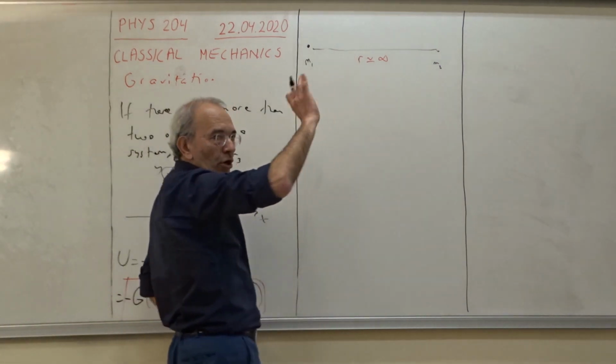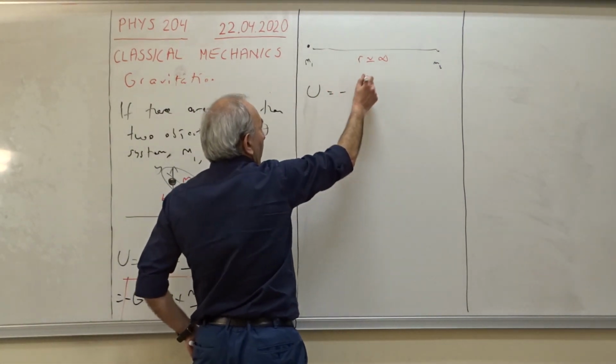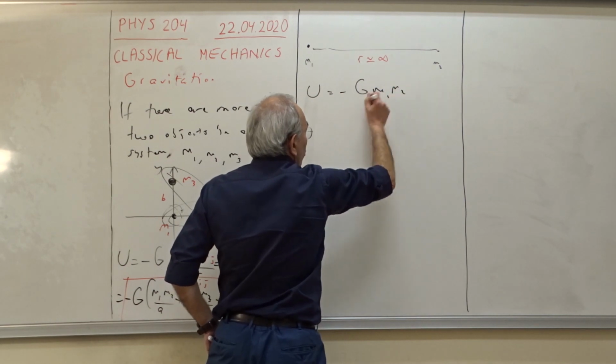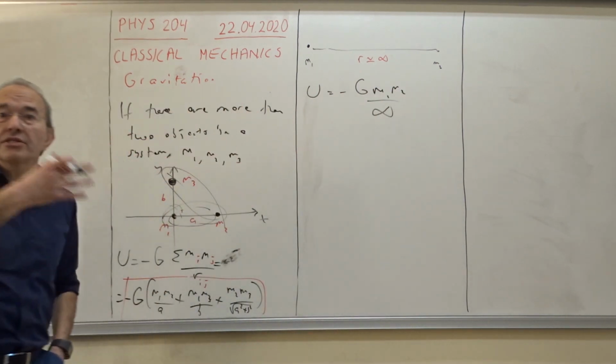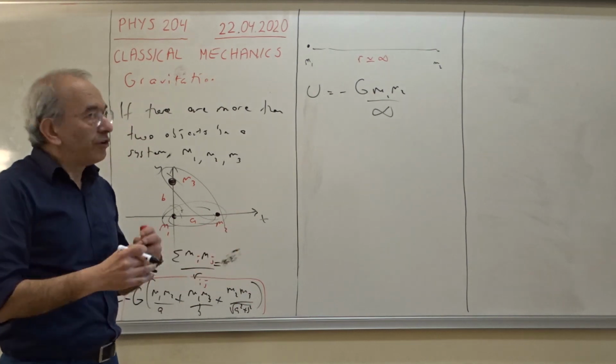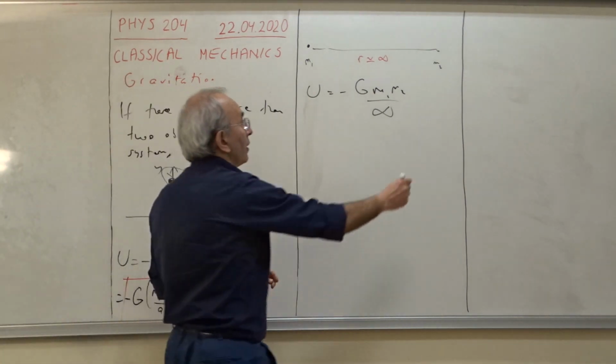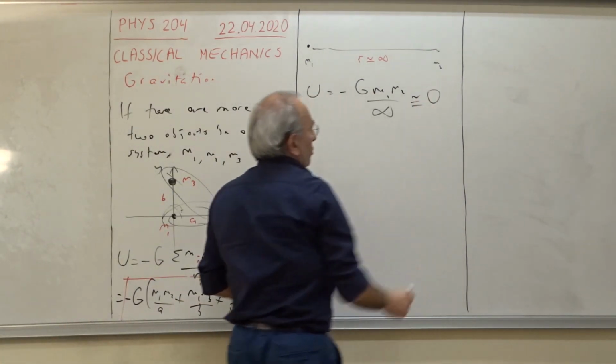So for this system, U will be minus G M1, M2, but divided by such a long distance that the fraction is almost nothing. So this is almost 0.